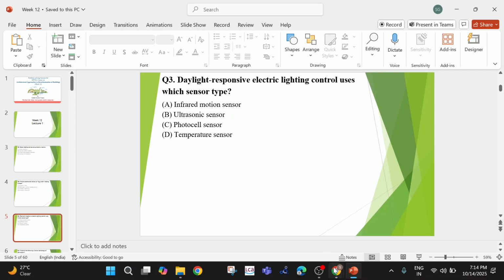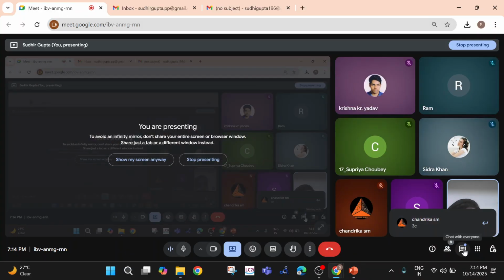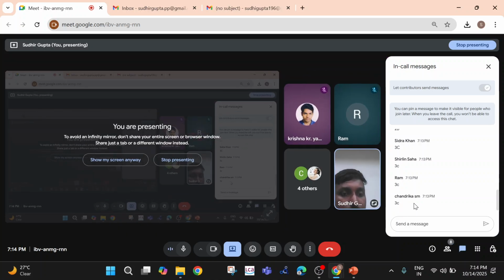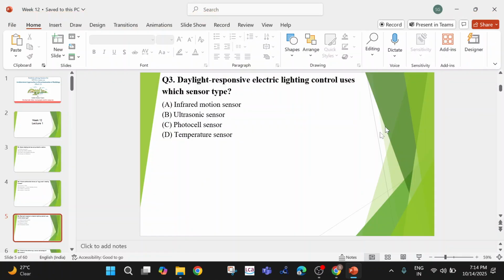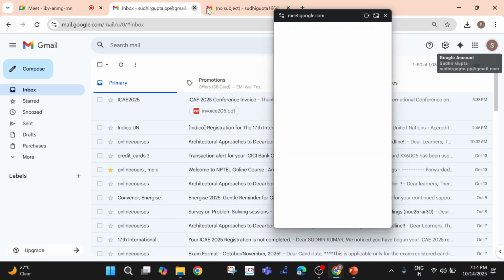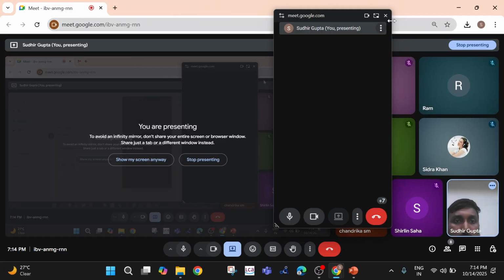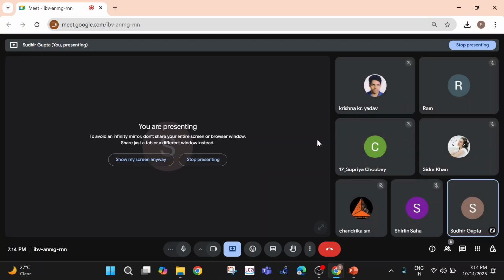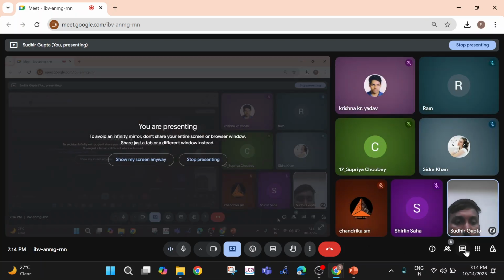Yeah. So it's good to see that a lot of participants have marked their answer. Chandrika, Sriram, Sidra, all of you have marked your answers, and all of you have voted for option C. Let me enlarge this one. Okay.